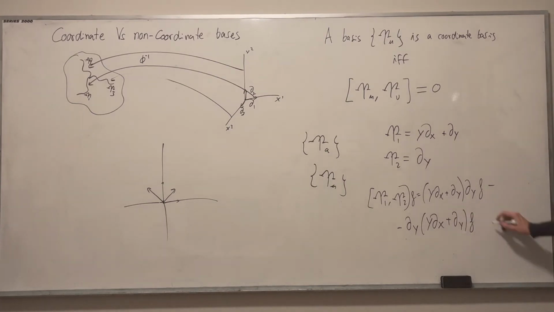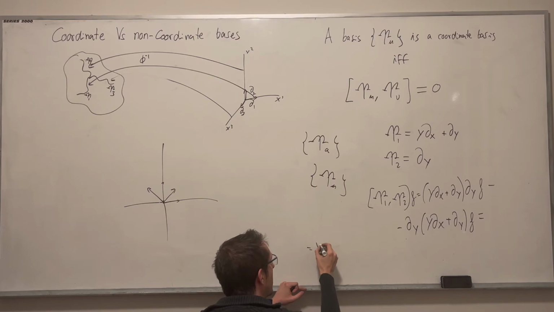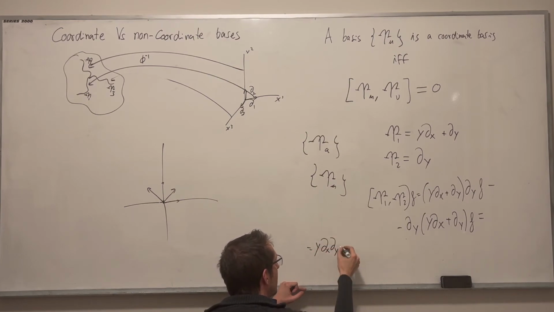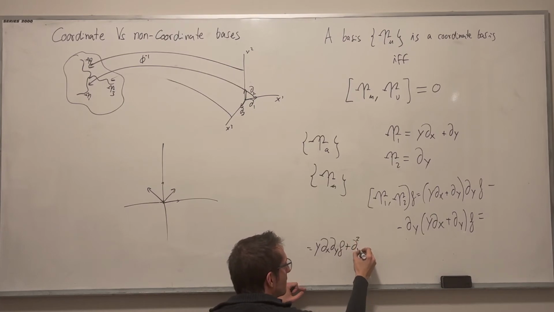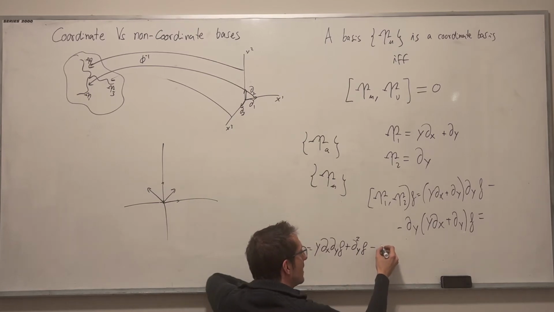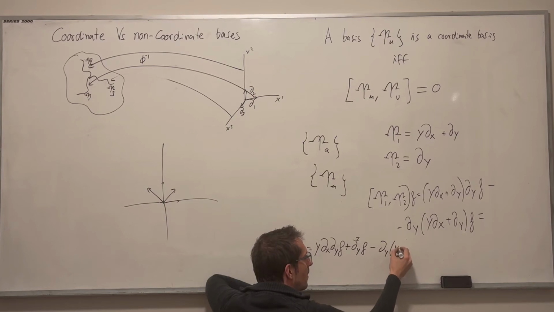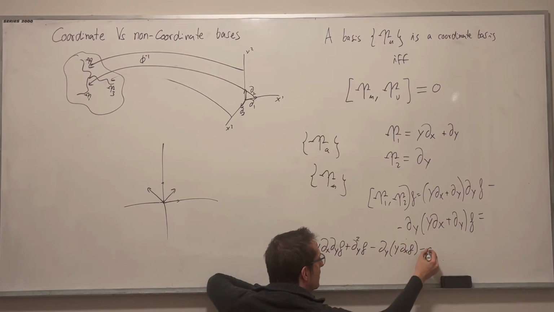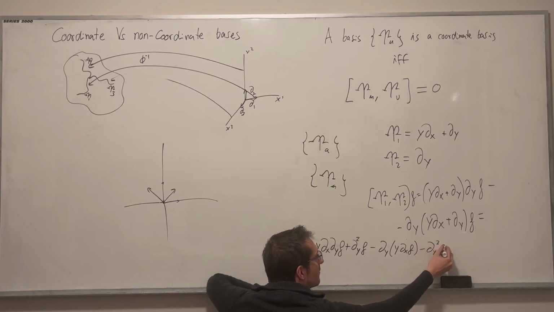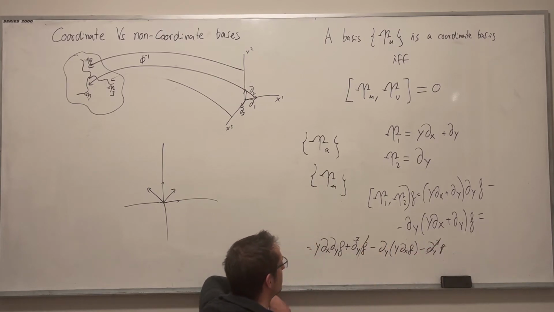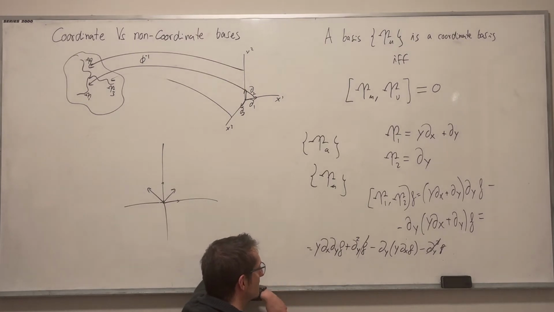All right, so what do I get? I get y partial x partial y f plus partial second of f with respect to y, minus partial y acting on y partial x f, minus partial second y f. This cancels that, all right? And I'm left with this expression.